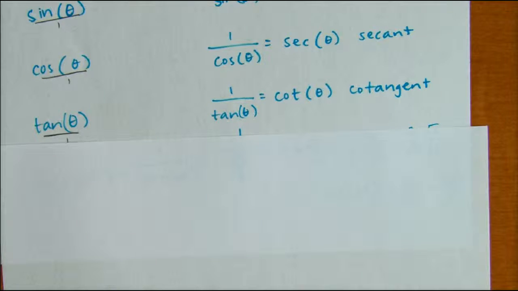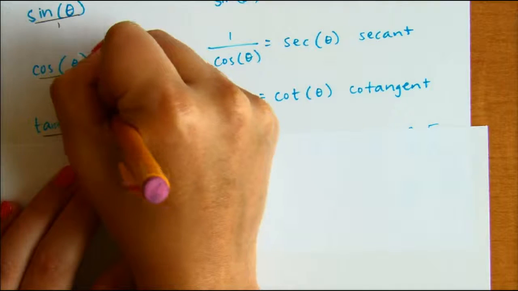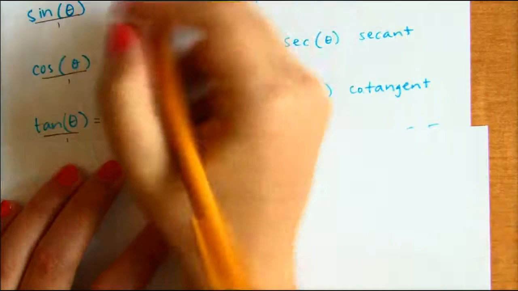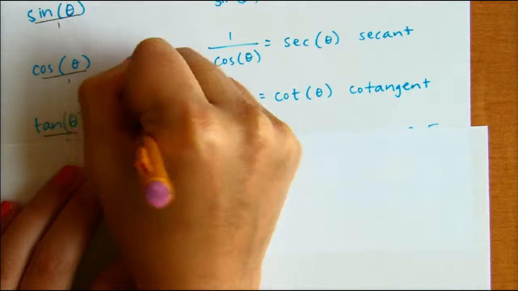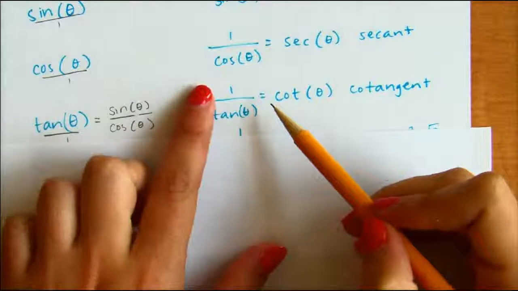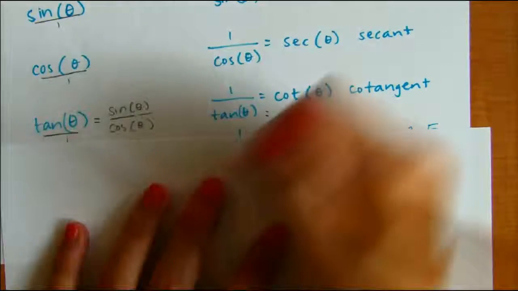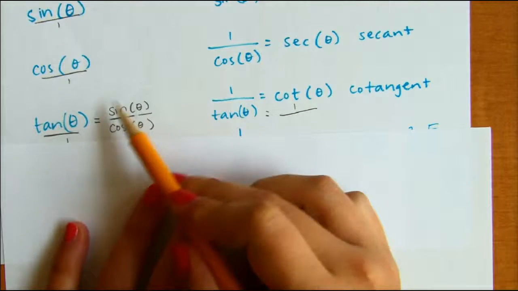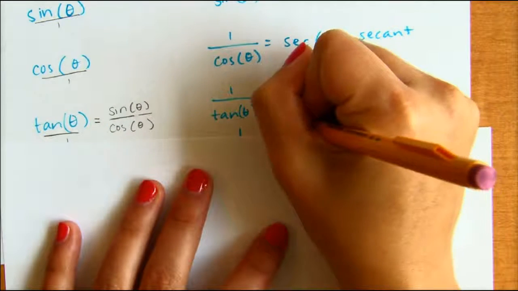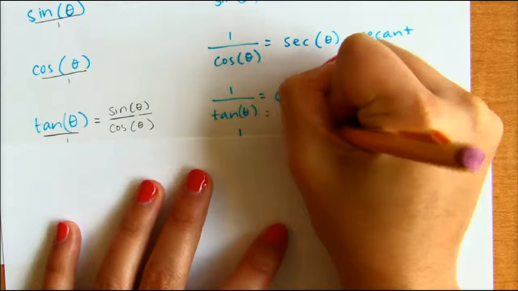So when I think about equivalencies, I know that tangent is equivalent to sine of theta over cosine of theta. So if cotangent is 1 over tangent, I'm going to just work off to the side here, that's the same thing as 1 over sine of theta over cosine of theta.